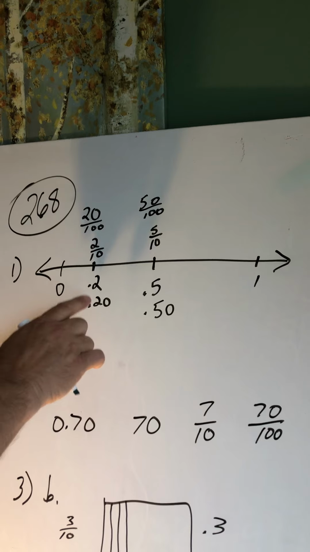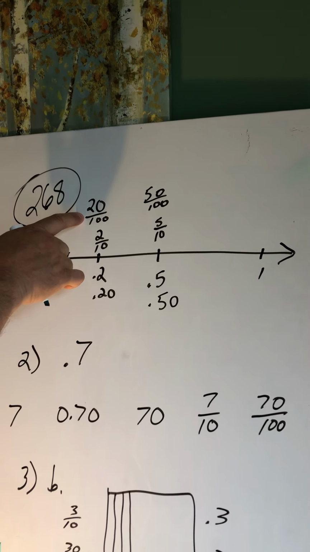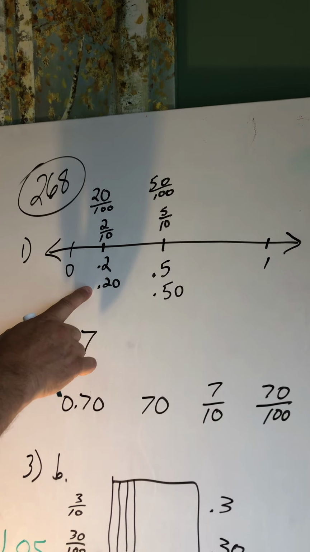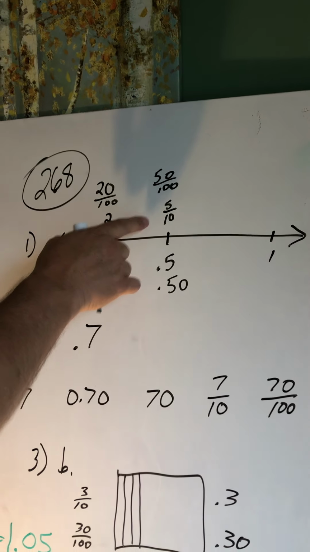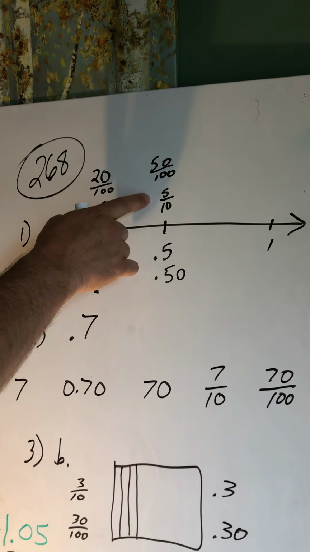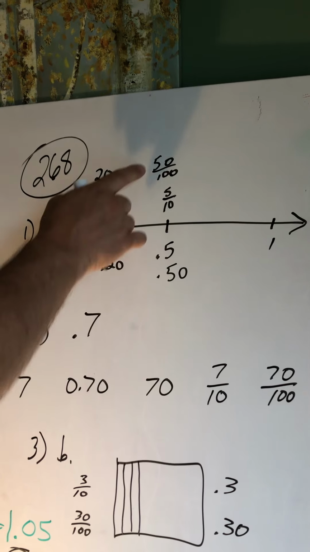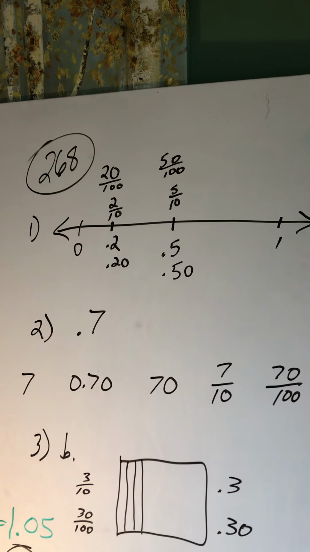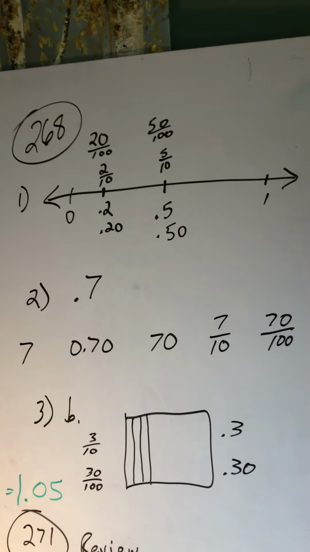This is 2 out of 10, also known as 0.2. It's also 20/100, which is 0.20, okay? Then they might show you something else like this is 0.5, which is also 5/10. 0.50, 50/100. So it's kind of a review of what I showed you from the teacher's book, okay?